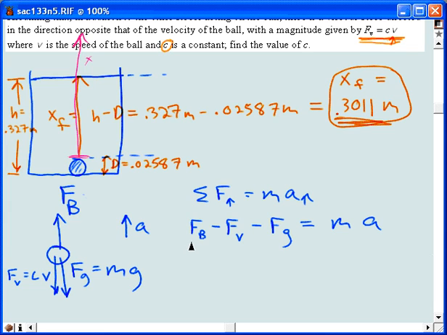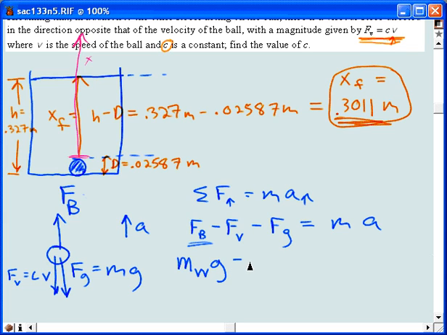The buoyant force, in magnitude, is the weight of that amount of water that would be where the object is if the object wasn't there. So I'm going to call it m sub w times g, where this w is a fictitious amount of water. It's how much water would fit right into this spherical region where the ball is actually taking up space.